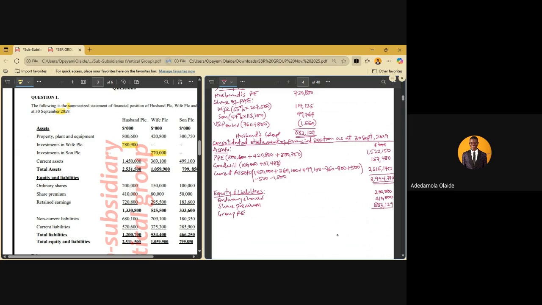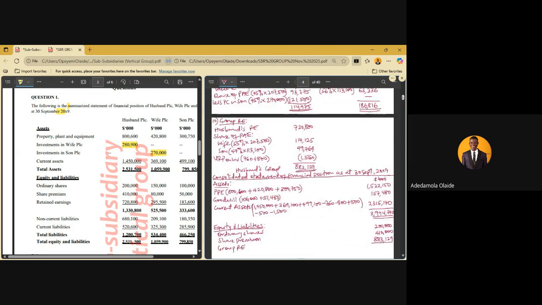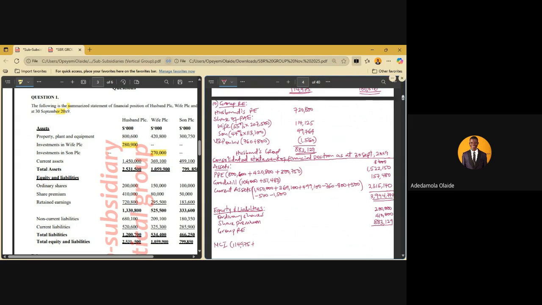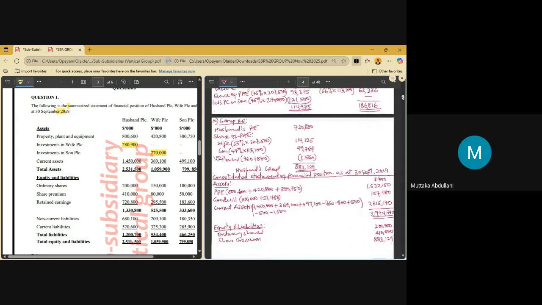So what's the summation for our shareholders fund? Then we can now bring NCI, 114,975 plus 180.